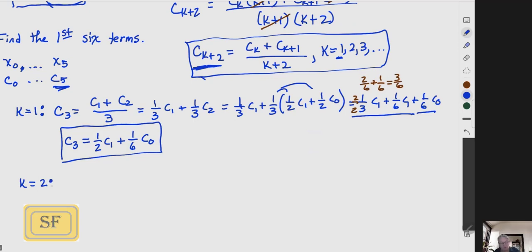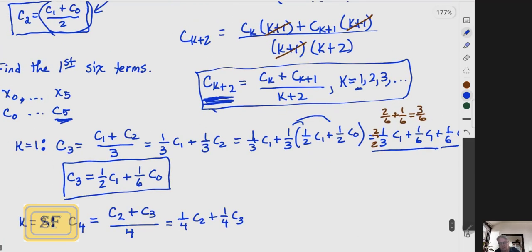K equals 2, coming back up here, we get C sub 4 equals C sub 2 plus C sub 3 divided by 4. So that's 1/4 C2 plus 1/4 C3. So notice we have C2 defined here.